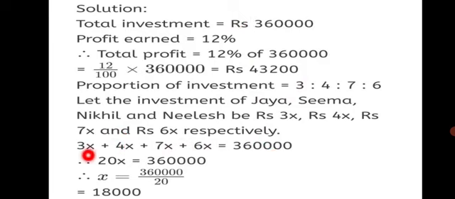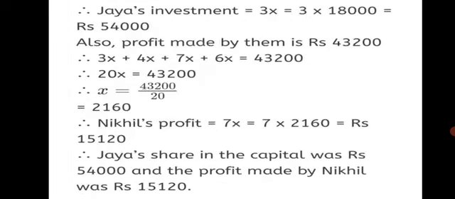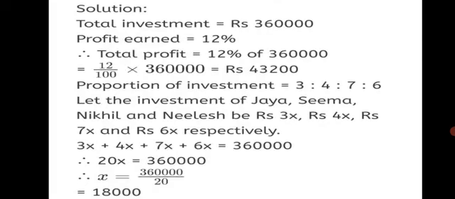Now 20x is equal to 3,60,000. Therefore x is equal to 3,60,000 upon 20. X is equal to 18,000.